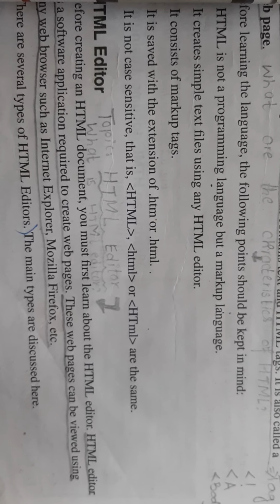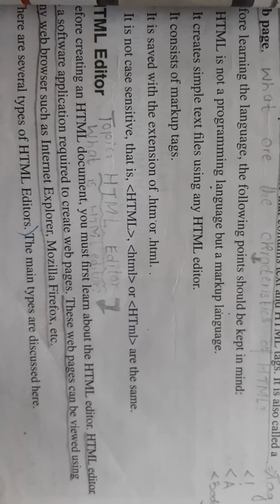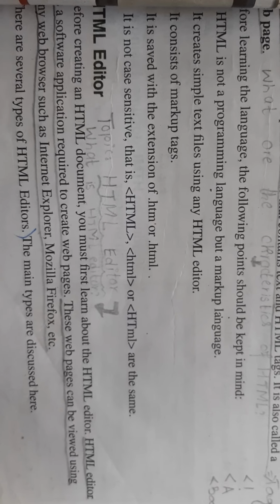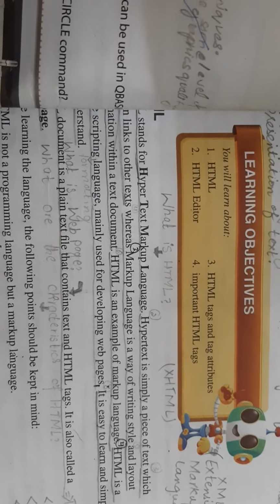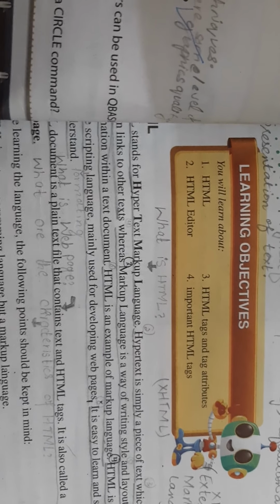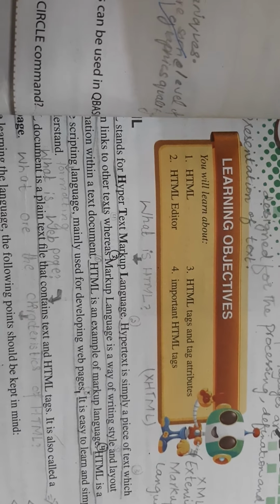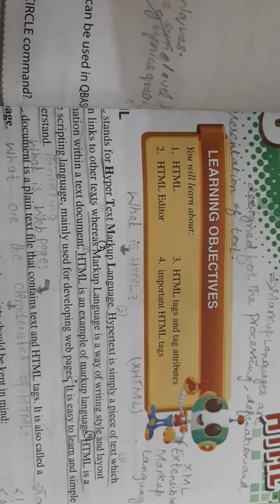These web pages can be viewed using any web browser such as Internet Explorer, Mozilla Firefox, etc. There are several types of HTML editor. So students, today you have learned about what is HTML and HTML editor. Hypertext means a text that contains reference to other text that viewers can access immediately.